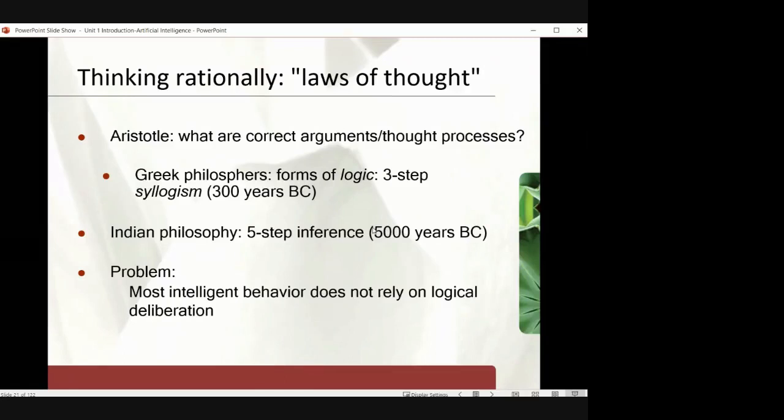Okay, but still if we talk about this type of thing, law of thought अगर हम define भी करते हैं तो भी problem क्या है, most intelligent behavior does not rely on logical debates. Okay, ऐसा नहीं है कि logical debates के ऊपर ही हमारे सारे conclusion होते हैं.